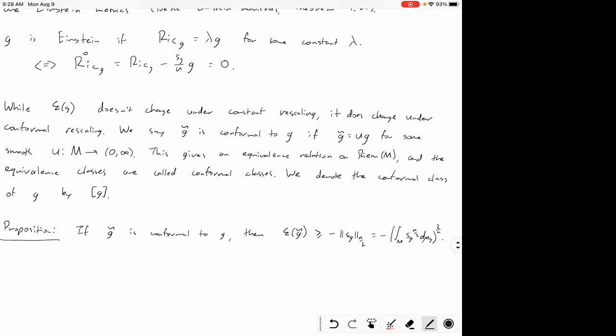Okay, so if you pick a conformal class, this Einstein-Hilbert functional has a lower bound on its potential values.